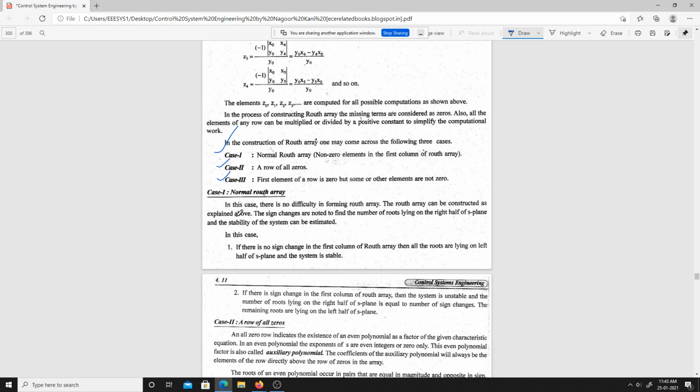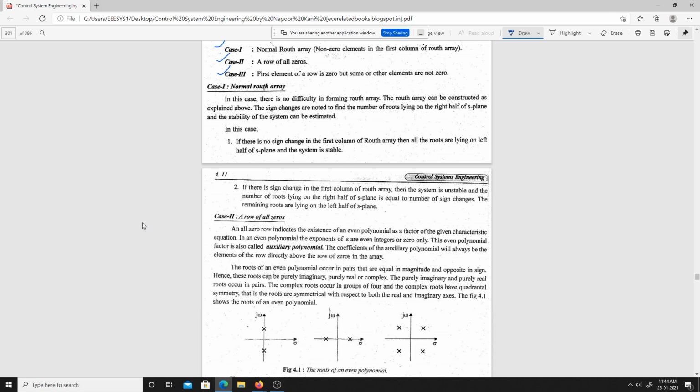If there is no sign change in the first column of the Routh array, all the roots are lying on the left of the S-plane and the system is stable. If there is a sign change in the first column, then the system is unstable and the number of roots lying on the right of the S-plane is equal to the number of sign changes. Is it clear? The remaining roots will be lying on the left of the S-plane. That is in the case of case 1.